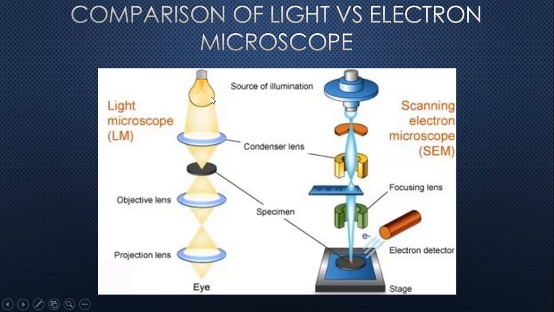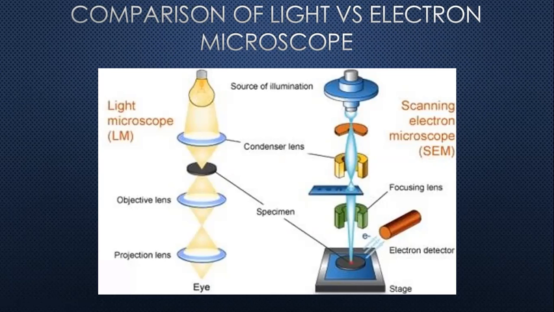On the other hand, if we consider the electron microscope, the source of illumination here is the electron beam. We can use the electron beam as a medium for observation.